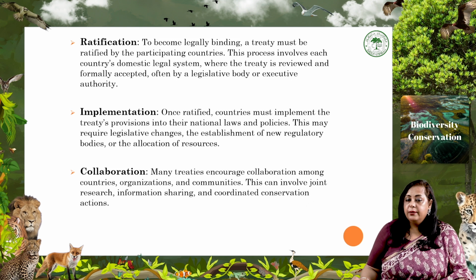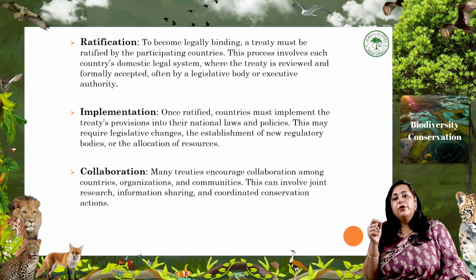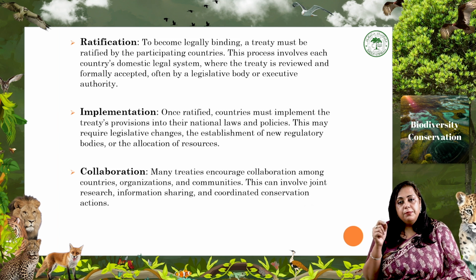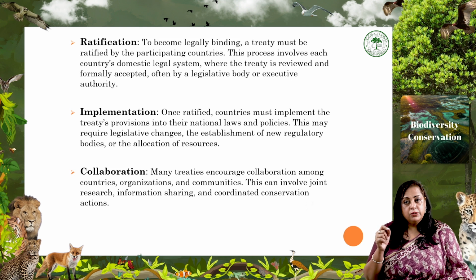Once ratified by two or more countries, each country must implement the treaty's provisions into its national law and policy. For example, when the CBD, the Convention on Biological Diversity, was formed, it was a global convention. On the basis of the CBD, every nation had to develop its national biodiversity strategy and action plan.